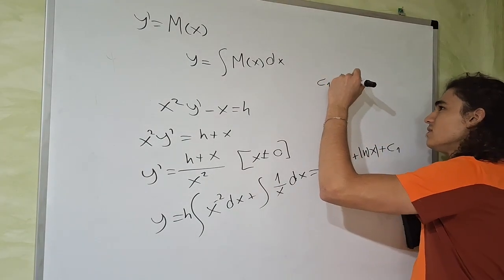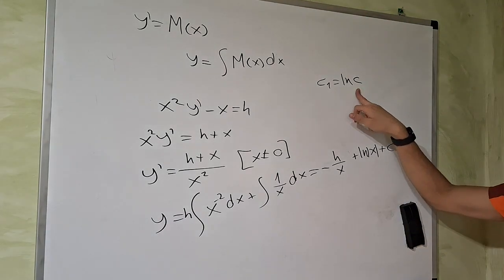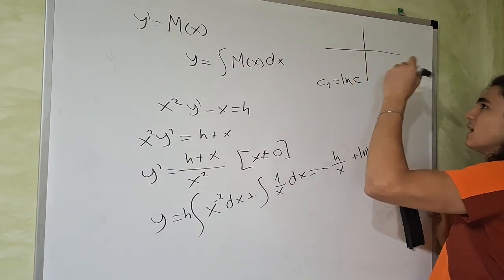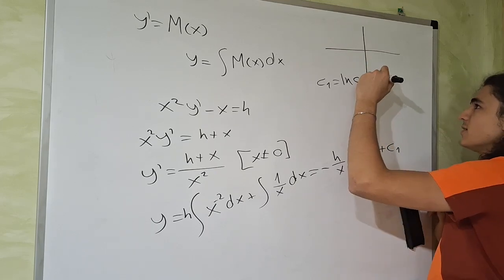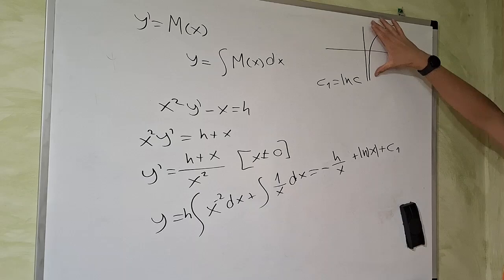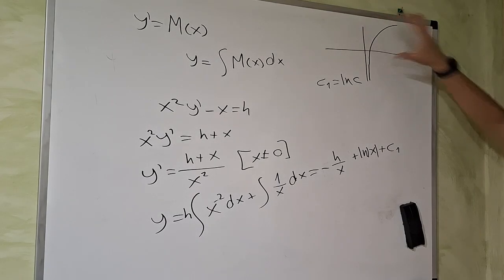But we can set this equal to another constant, namely the natural log of a constant c. Why can we do that? Well, because C1 can be any real number, as I said, and the natural log function covers all the real numbers.